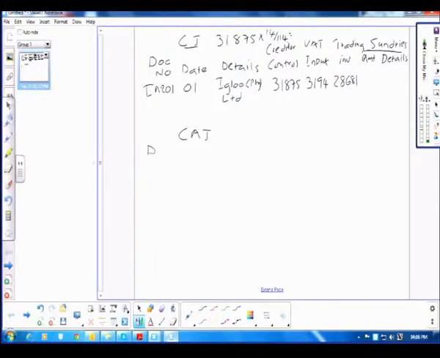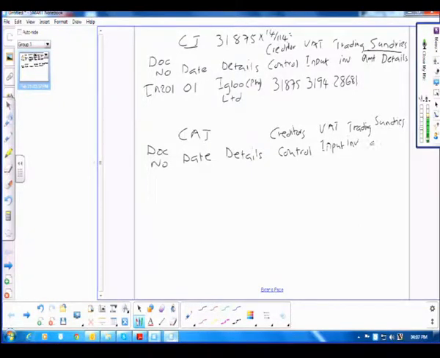It will still have the same columns: document number, date, details, creditors control, and then we can have the VAT input, trading inventory, and sundries. We've got amount and details.